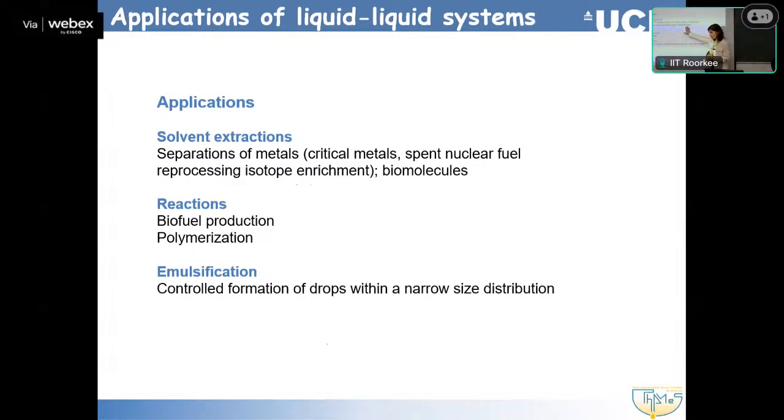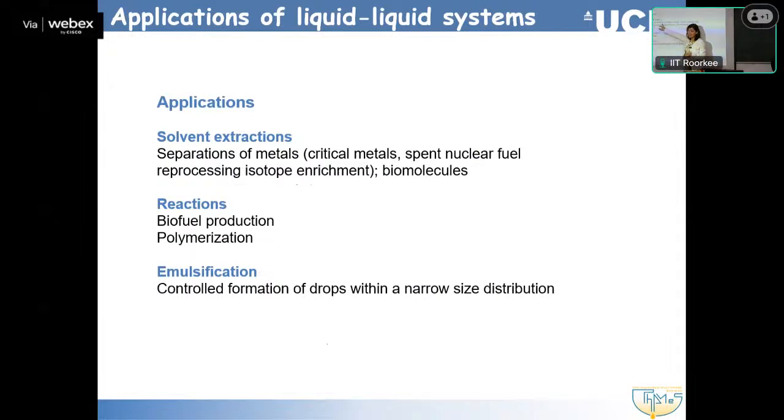Pharmaceuticals are using a lot of solvent extractions. And there it's also important to come up with solvents that are more benign, more environmentally friendly, let's say. So there is another area of research on how to develop the solvents for the solvent extractions.